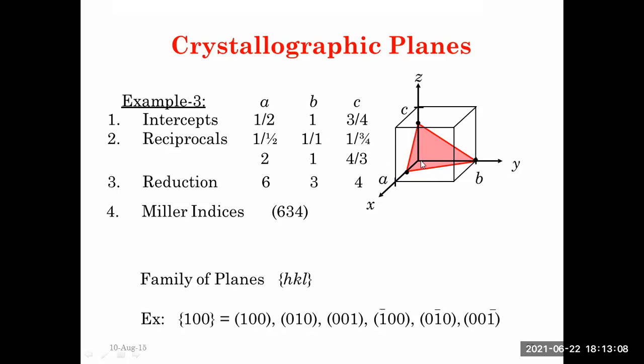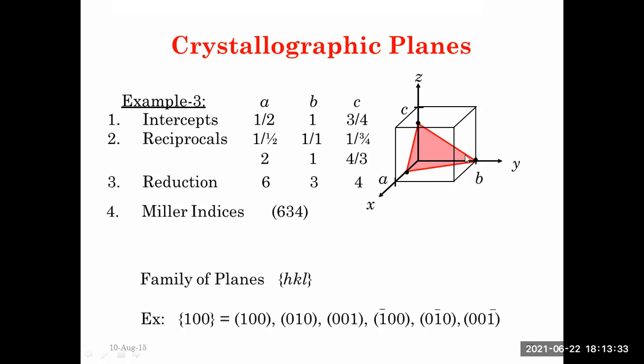Here you can see this distance is half, and this distance is 3 by 4. From origin to this mark, the distance we are considering is 1, and likewise for each axis. The part below that, near the origin, we have written as half.